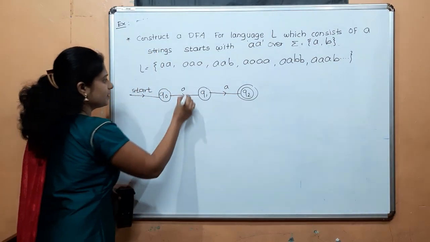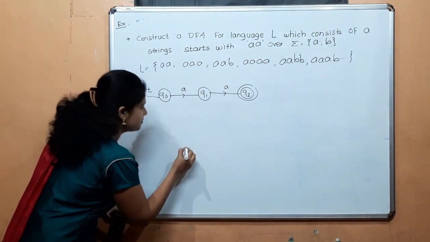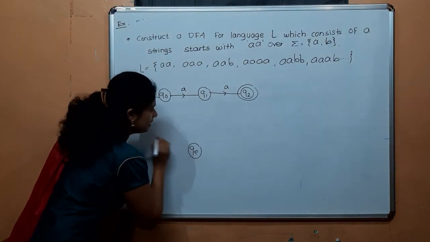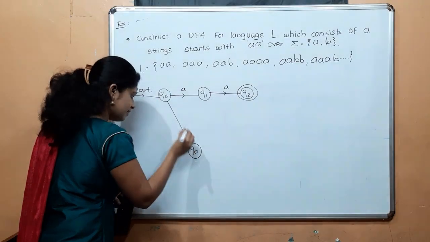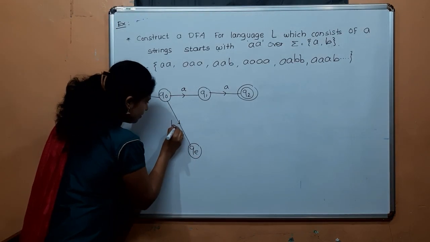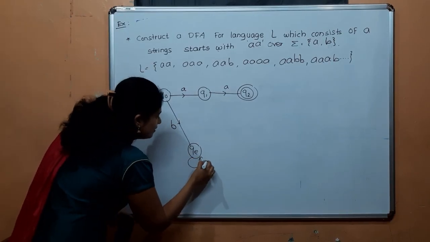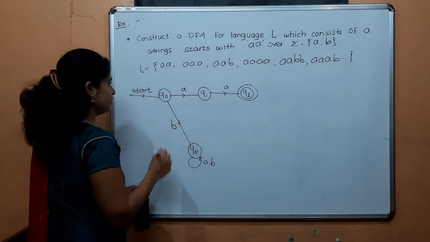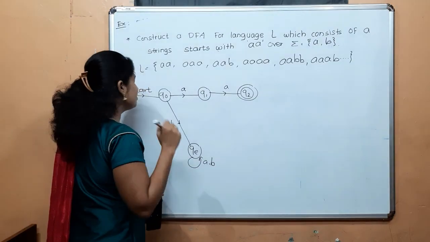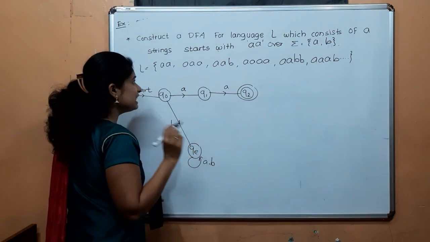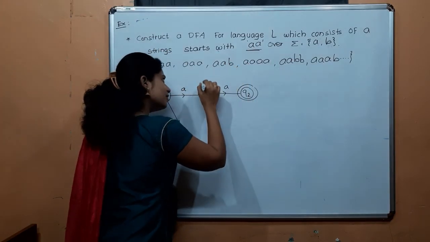Now see here, the string condition is that the string starts with AA. Therefore here we can add a dead state. Okay. If the string starts with B, then B is drawn here. Okay. Because the dead state accepts the invalid input. Now see here, if A comes between these two A's, which is again invalid because the condition is that the string starts with only 2 A's, not multiple A's.